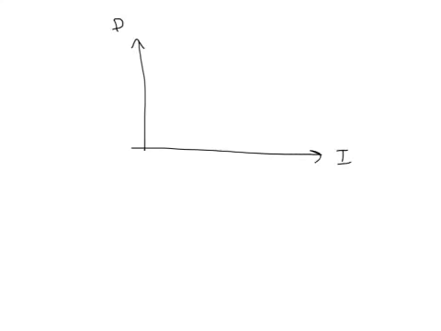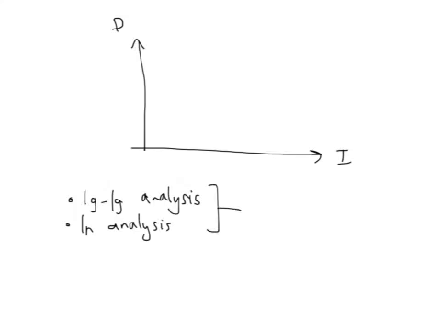And of course, whenever you do an experiment, you're always going to try a log-log analysis, and you're always going to try, if that fails, a semi-ln analysis. Even when these analyses fail, even if not fruitful, even if you don't get a straight line, you still include those in your report.